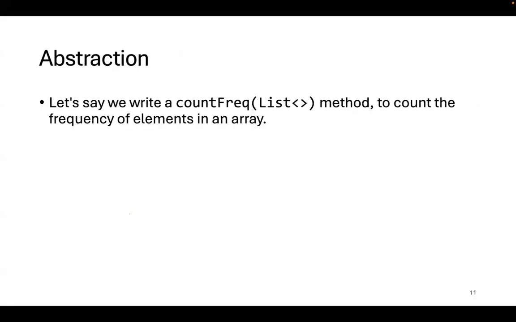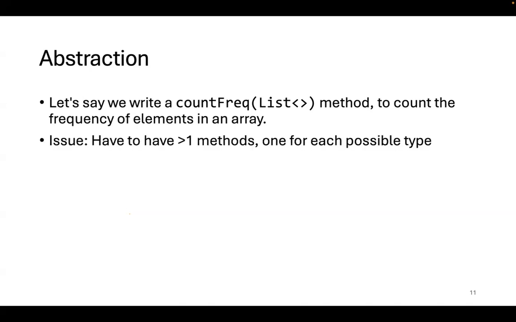For abstraction, let's say that we want to write a method that counts the frequency of things in an array. That's fine and good. If we're counting the frequency of words in a sentence, we can split a string into a list of strings and then go through and count how many times does this word appear? How many times does that word appear? And so on.